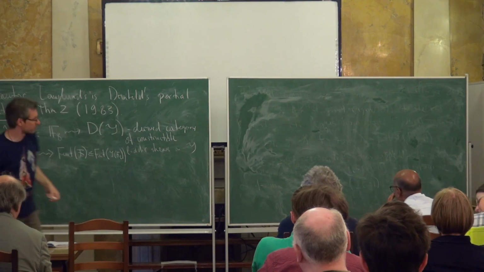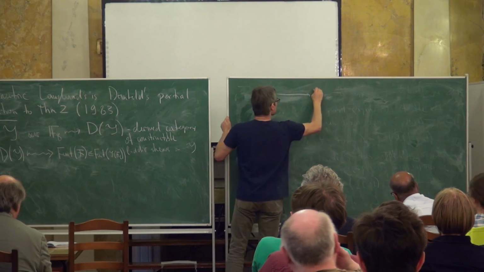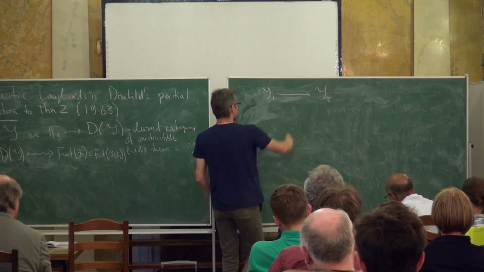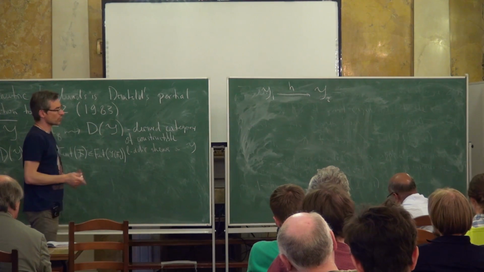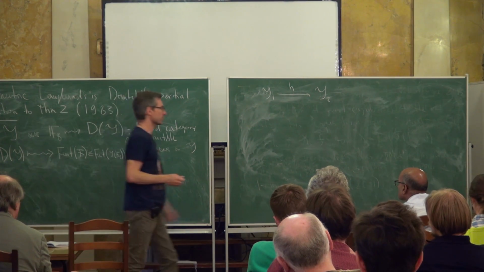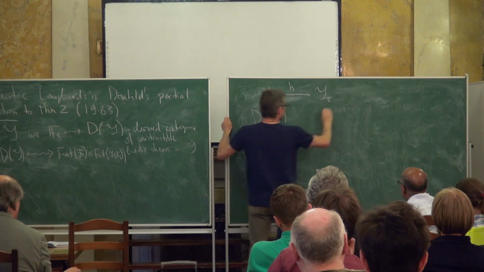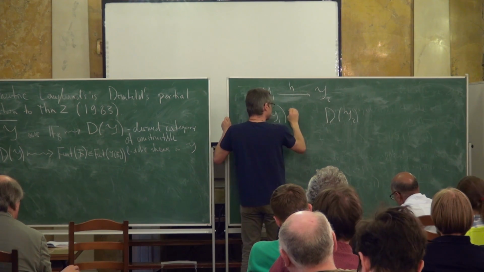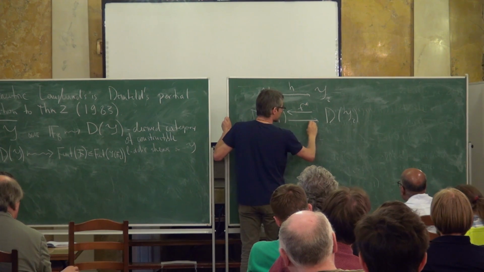So here are the two main properties. Suppose you have a map of algebraic varieties Y1 to Y2. Let's call this map h. Well, at the level of categories, there are two things you can do. There's the operation of the pullback of sheaves, and there's a procedure of direct image. Well, we'll be using pullback with a star and direct image with compact supports, whatever these guys are.